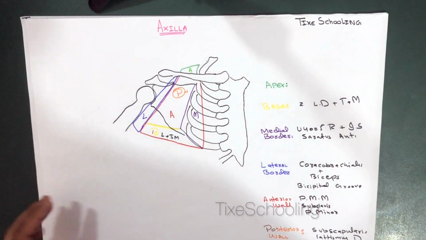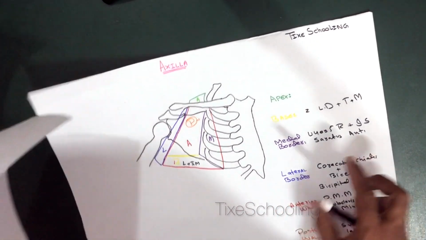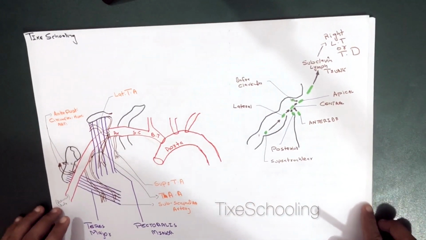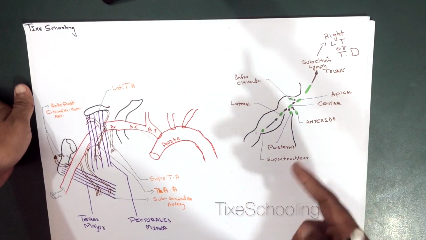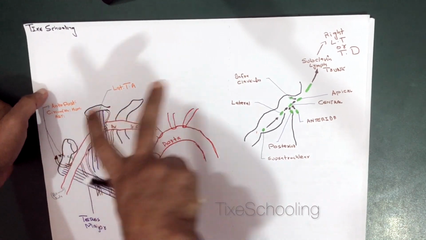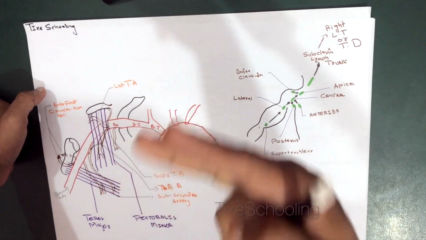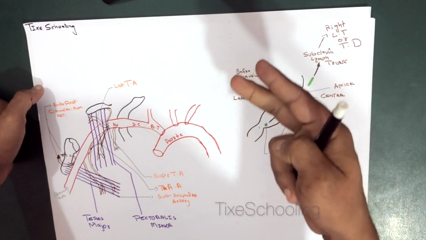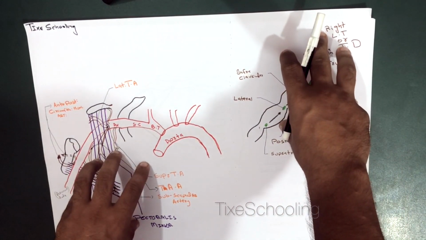Now let's move forward and talk about the main contents of the axilla. In the main contents, we're going to discuss 4 things. We're going to discuss in detail 2 things, especially the axillary artery and the axillary lymph nodes. But I have made a video on 2 other contents, the axillary veins and the brachial plexus, that are also contents of the axilla.